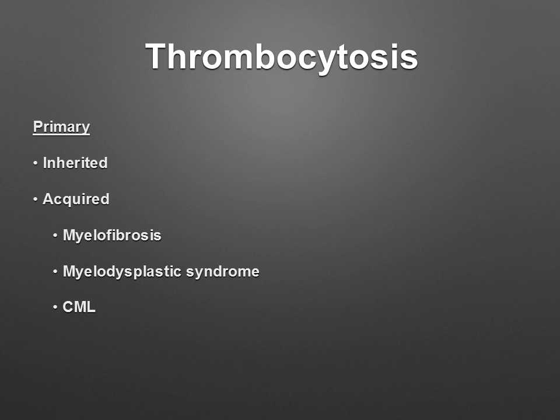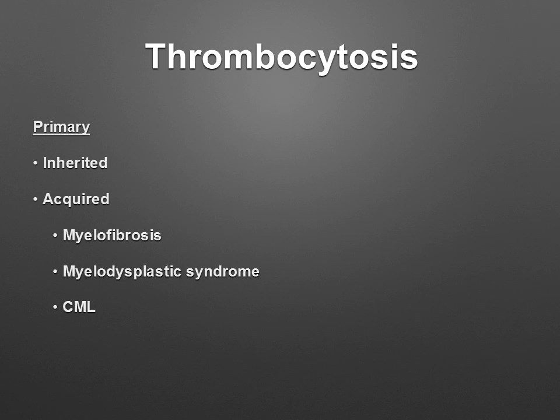Differential diagnosis includes primary or secondary or reactive causes. Primary causes are most commonly myeloproliferative neoplasms. You can get the rare inherited or genetic problems. And patients are going to have splenomegaly, weight loss, night sweats, fatigue, loss of appetite, and those kinds of things, as well as other blood count abnormalities like a raised white cell count and a raised hematocrit or anemia.